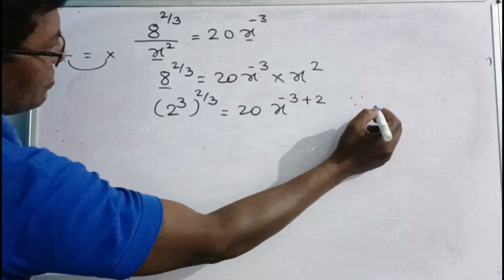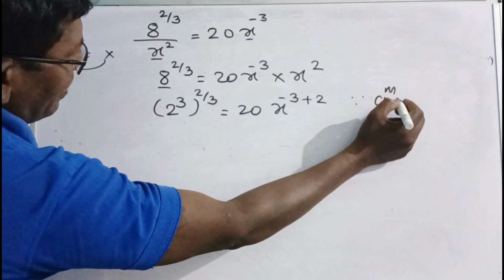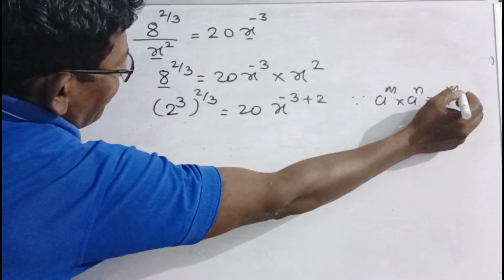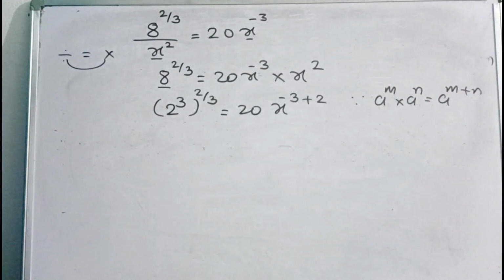Here we are using the law a raised to the power m into a raised to the power n is equal to a raised to the power m plus n.